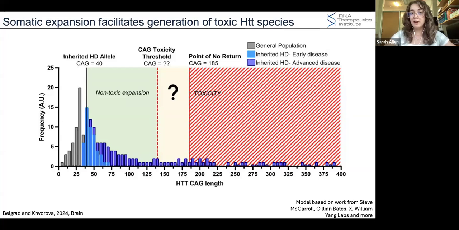So a great number from what you would have initially had. And there appears to be some sort of threshold where this toxicity really takes place, as well as a threshold in which the rate of somatic expansion increases greatly.